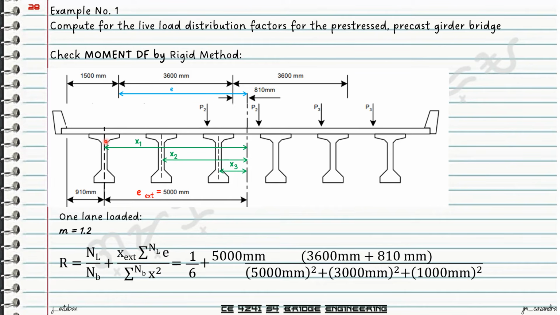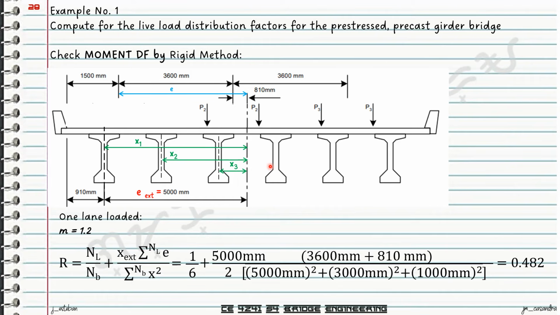So computing now for this, we first multiply the entire x squared by 2, since this is a symmetrical bridge, so meaning we'll also have the same value of x1 for the other side, x2 for this, and x3 for the other middle girder.